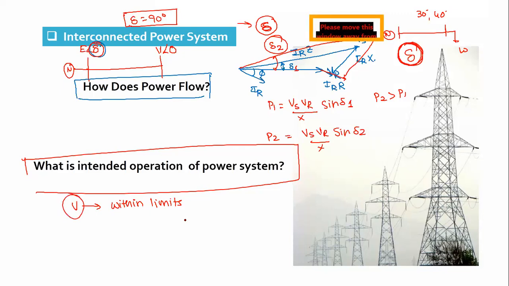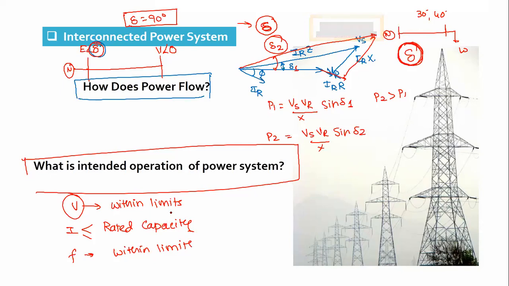So the voltages at each point in power system must stay within limits. Current must be less than or equal to the rated capacity. And frequency is also kept within limits. This is what we want, and the generation and load must be balanced.